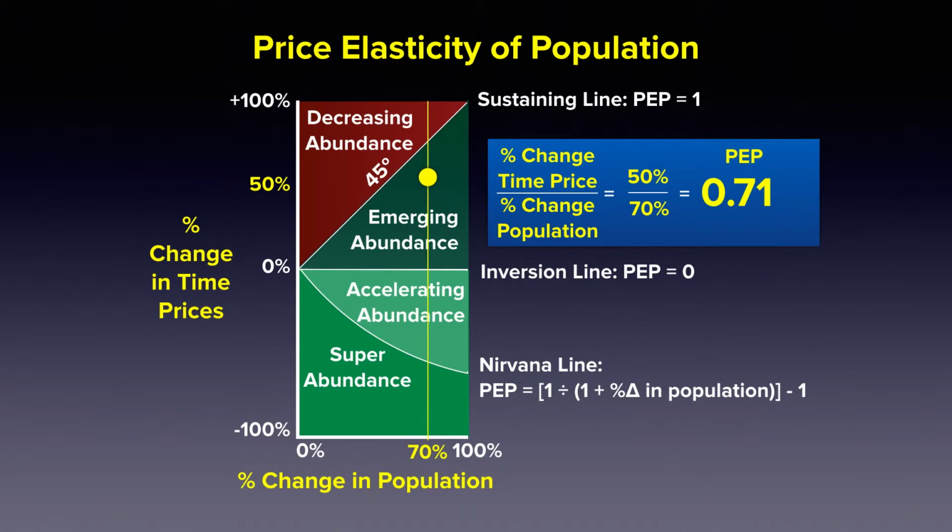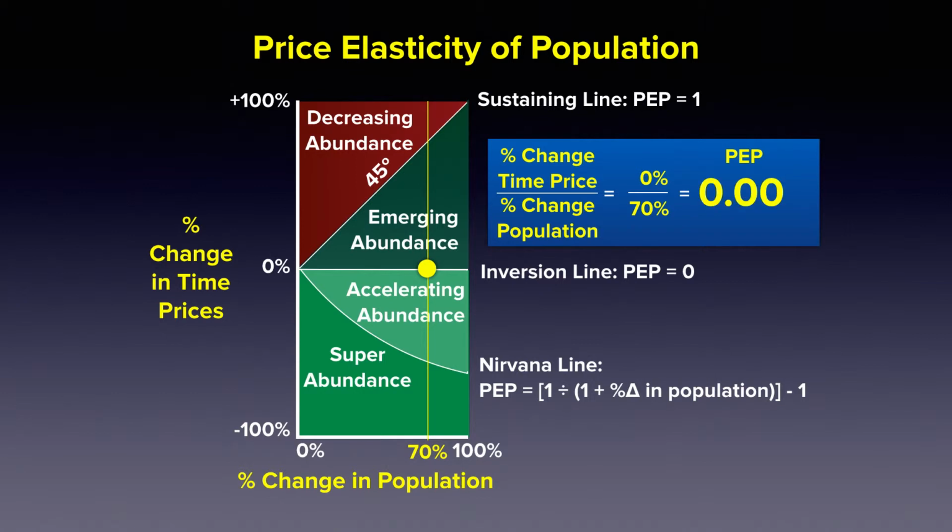So anything above 1.0 would be decreasing abundance. Anything below 1.0 and above 0 would be emerging abundance. So if we observed a situation where prices were not changing while population was increasing, we would be right on the inversion line. Our PEP in that case would be equal to 0.